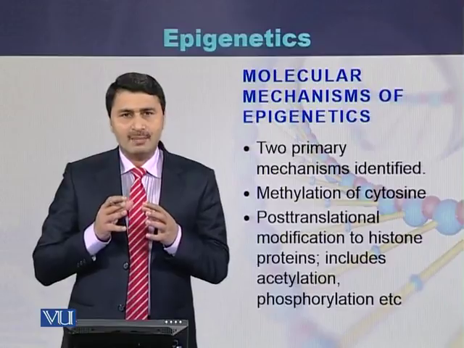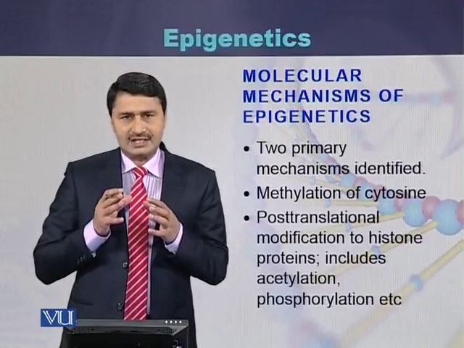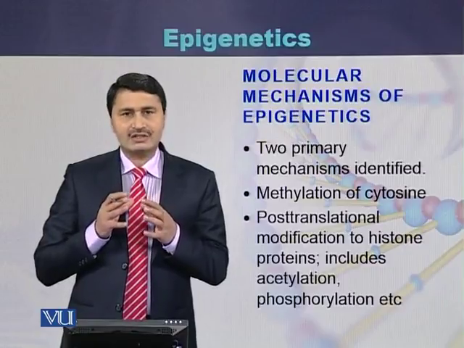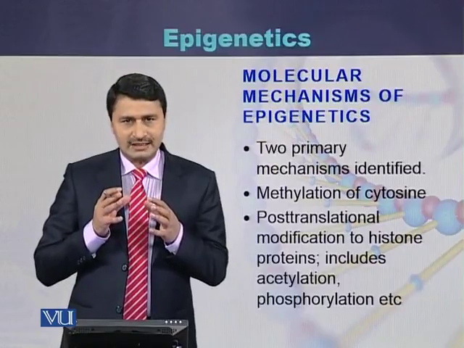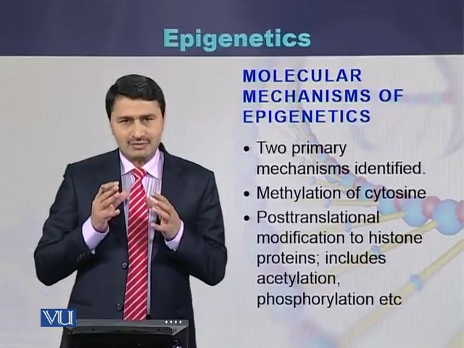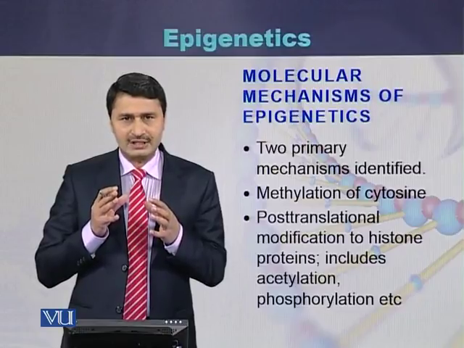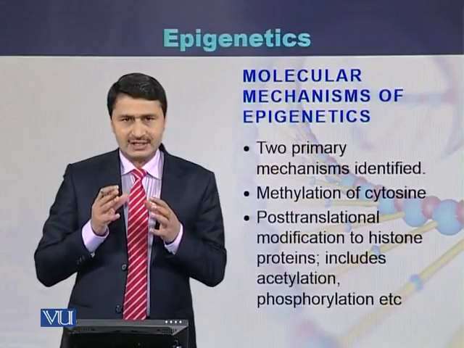There are two primary mechanisms by which epigenetics occurs. The first phenomenon is called cytosine methylation, while the second is called modification of the histones. So these are the two primary mechanisms by which epigenetics occurs.